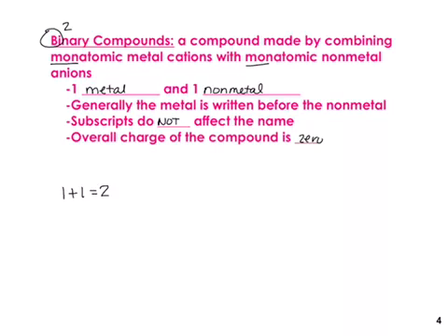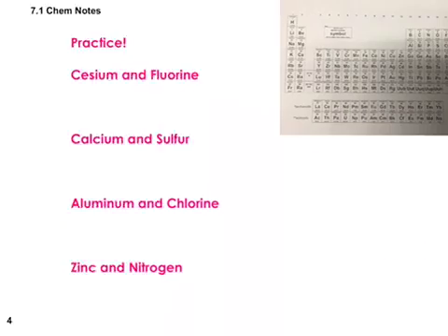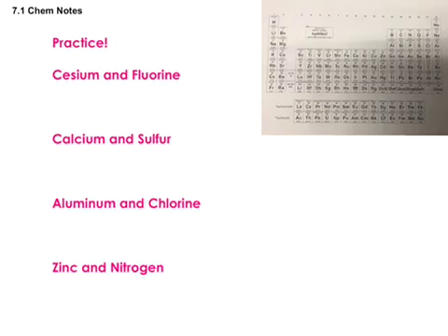And so I think we're going to practice a couple of these here. With these, you're going to have a couple procedures, for those of you that like steps. The first step is to write the symbols of the elements. So we have cesium and fluorine.